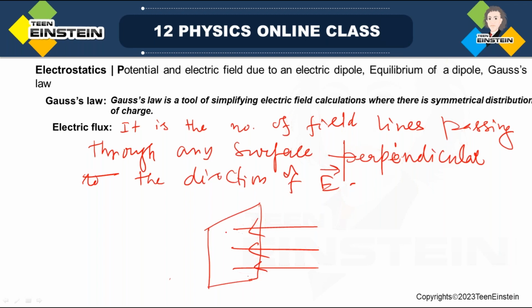If I have a unit area of cross section, I can say that 3 flux lines are passing through the surface which is perpendicular to the direction of the flux. So this is the number of flux lines. Flux has the unit Weber, Wb.